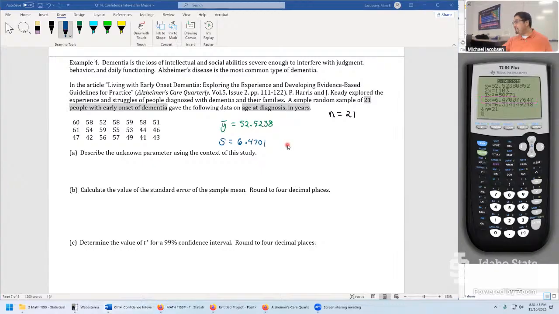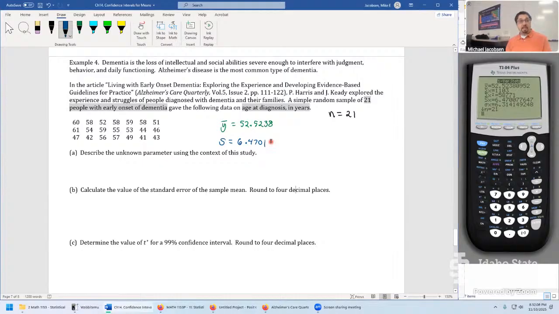So standard deviation is pretty big on this. 6 years is a lot. In terms of the 68-95-99.7 rule, to get 95% of the population, that's a 13-year swing in one direction and the next. So the mean of 52 years is never the full story. Standard deviation is going to give us an idea of the margin of error.